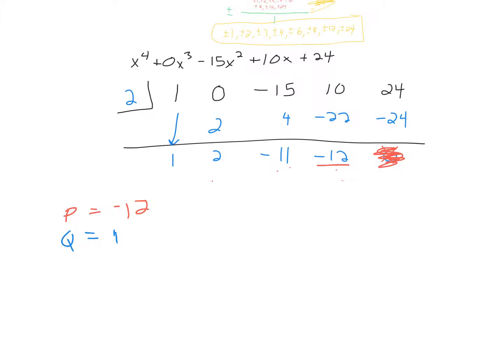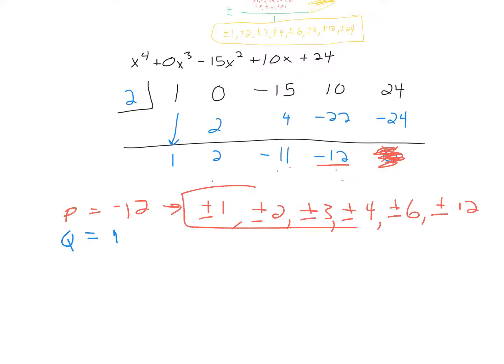So in this case, for my p value, we have plus or minus 1, plus or minus 2, plus or minus 3, plus or minus 4, plus or minus 6, plus or minus 12. Okay, then we have over 1, which means our possible factors are going to be basically our list of p's.